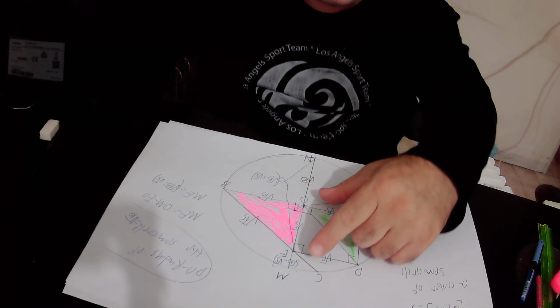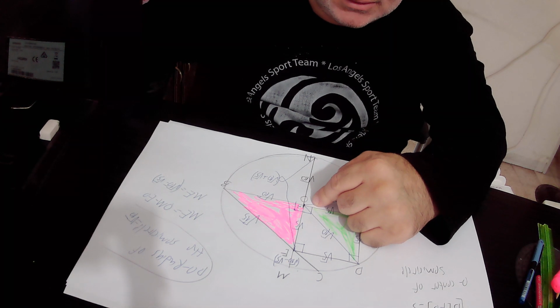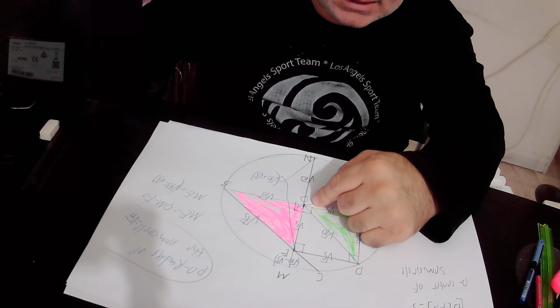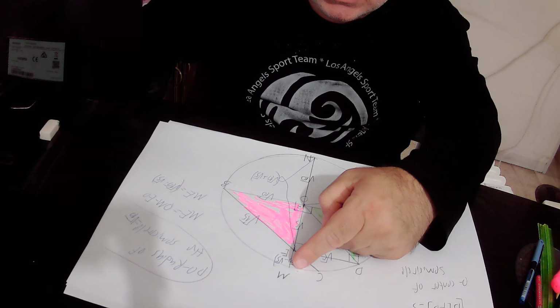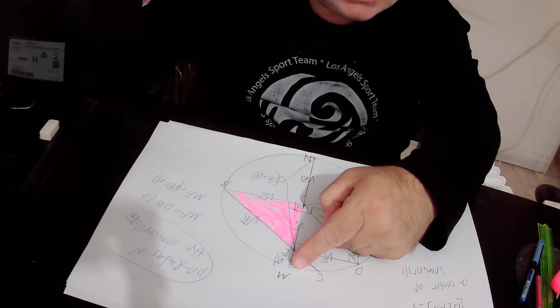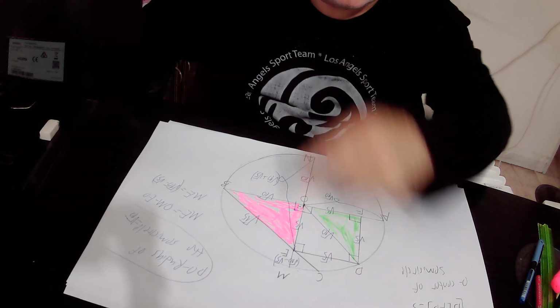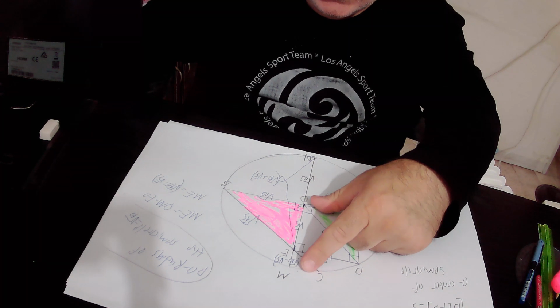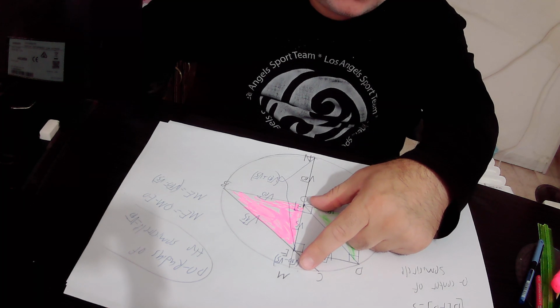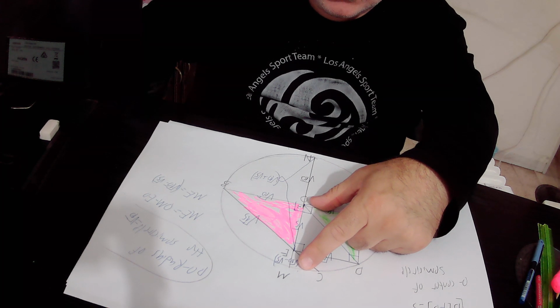Likewise, point O is the center of the semicircle and the circle itself. Point M is a point on the semicircle and the circle. Therefore, OM is the radius of the semicircle and the circle also.